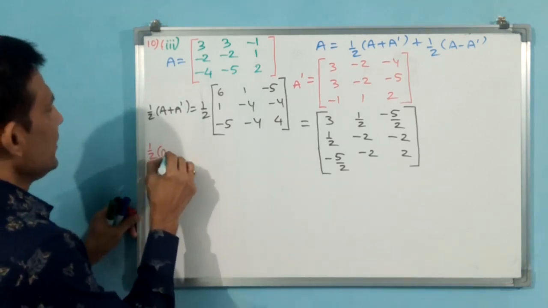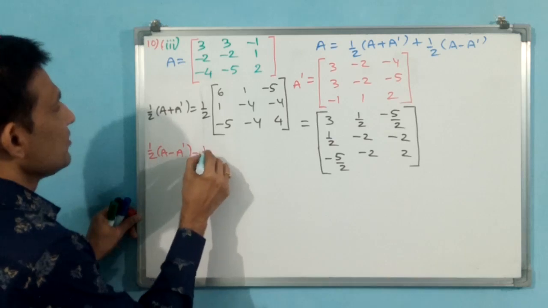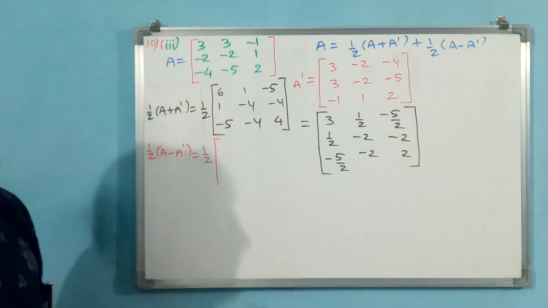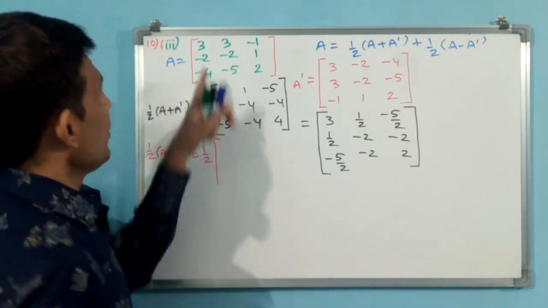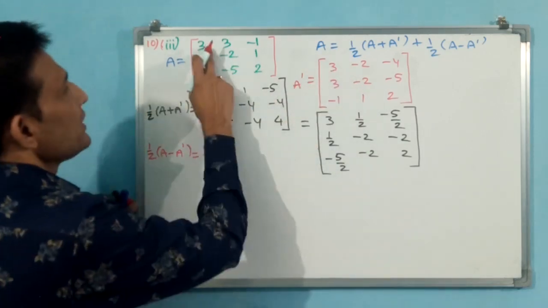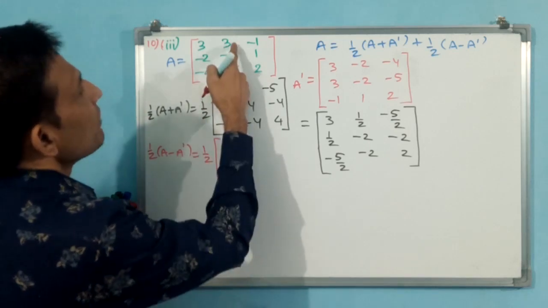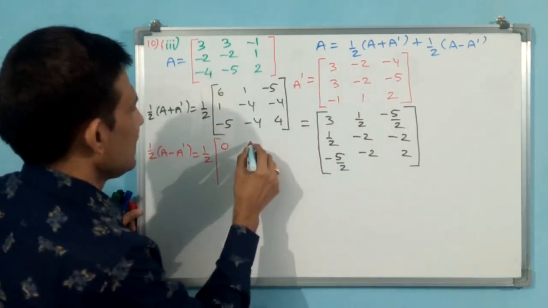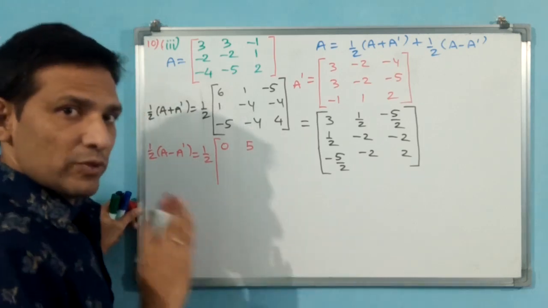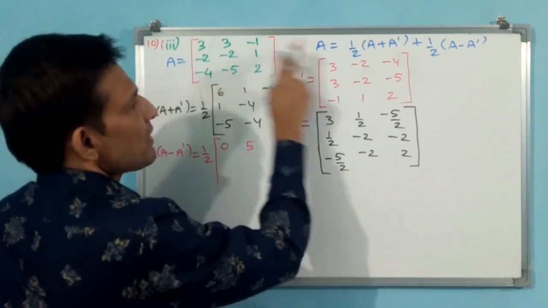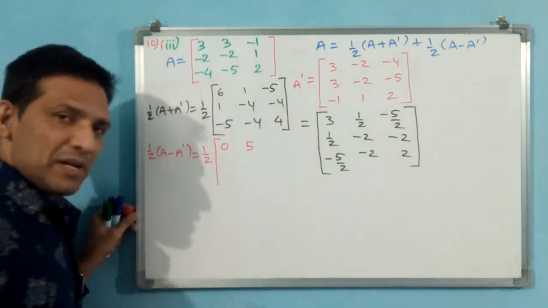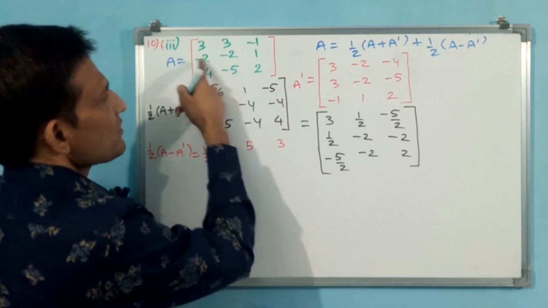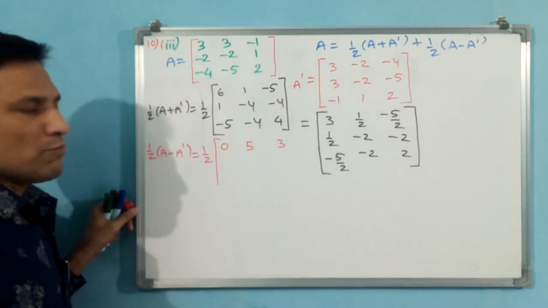1 by 2 (A minus A transpose) is equal to 1 by 2 into A minus A transpose. You see 3 minus 3 is 0. But 3 minus of minus 2 is 3 plus 2, 5. Now zeros have not come everywhere. Minus 1 minus of minus 4 is plus 4, 4 minus 1 is 3. Minus 2 minus 3 is minus 5.